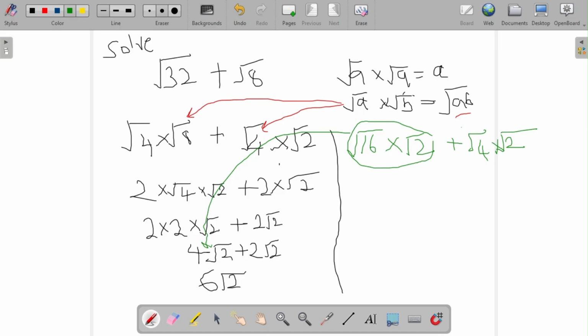This is 4 root 2, because root 16 is 4. So that's 4 root 2, plus root 4 is 2, that's 2 root 2. And finally, your answer becomes 6 root 2.